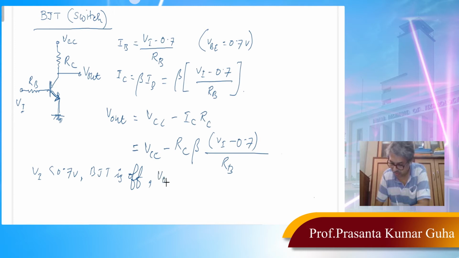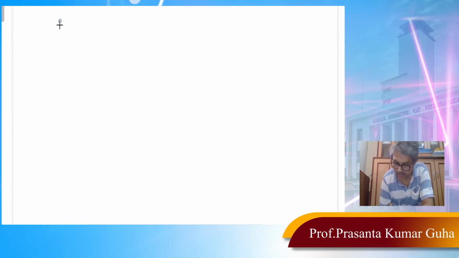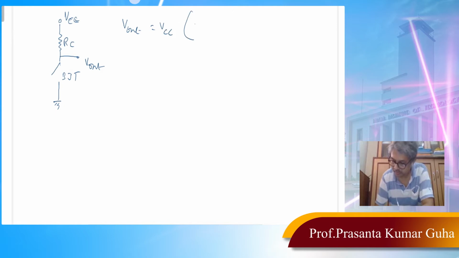So V out in that case we can write equal to VCC. So this is our BJT and this BJT is off. If you measure voltage here, you will get this entire voltage V out equal to VCC when VI is less than 0.7 volt. VI we are applying here.